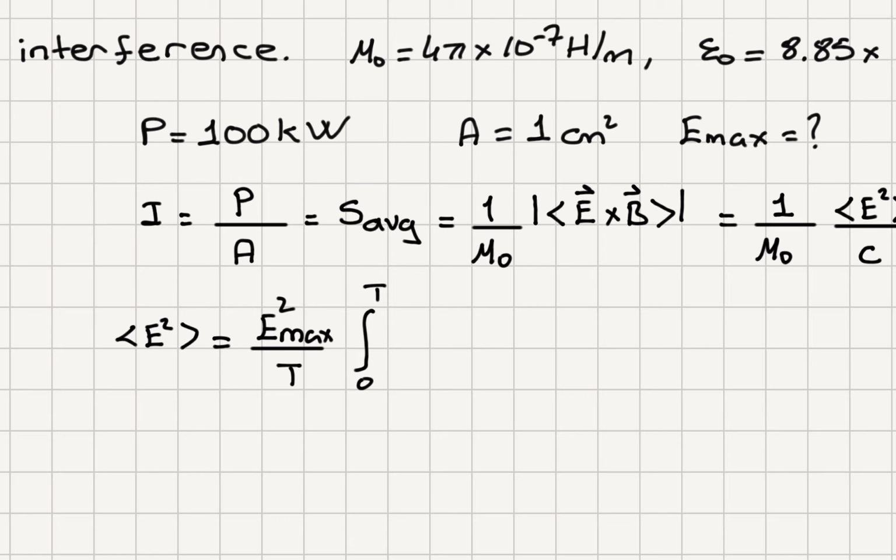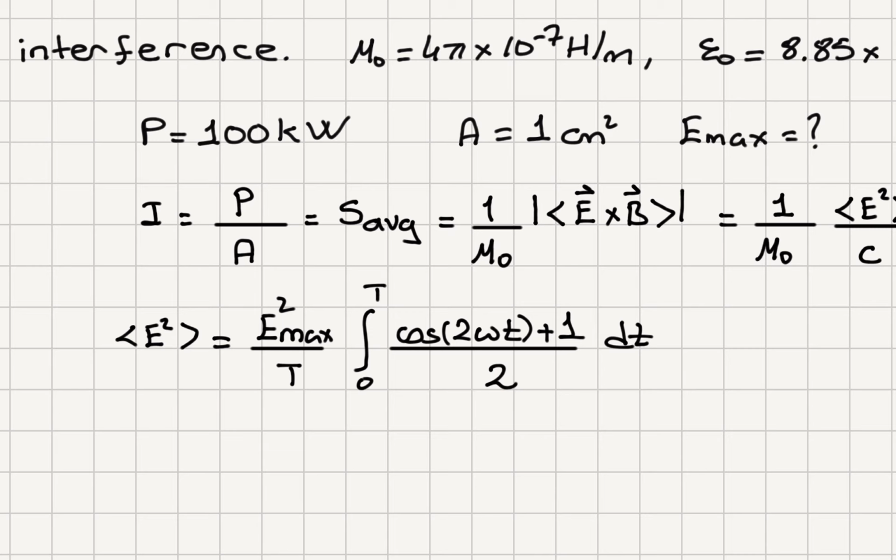Now for cosine square omega t, I'm going to write cosine 2 omega t plus 1 over 2, and then I have dt. Why? Because cosine 2 theta is 2 cosine square theta minus 1. So this is 2 cosine square omega t minus 1 plus 1 cancels. Divided by 2, I get cosine square omega t.